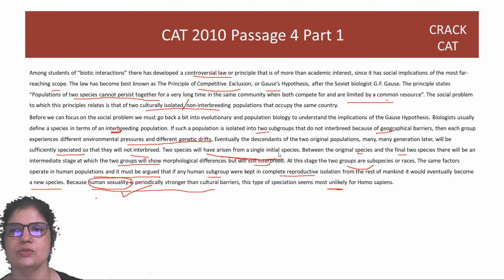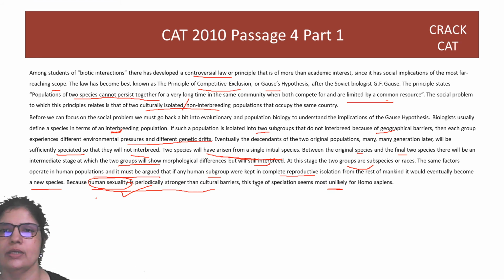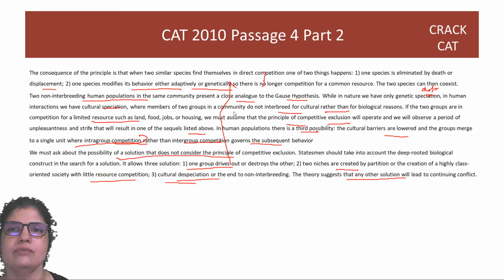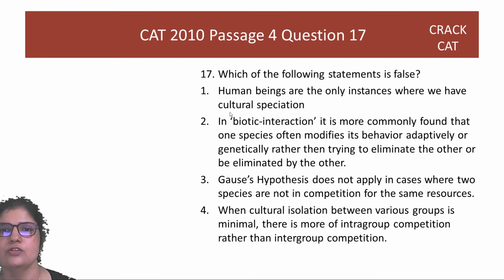Where is it eventually? Most unlikely, because okay, so I think it's here only. While in nature we have genetic, in humans it's very clearly given here. In humans we have cultural speciation, right? So human beings are the only, so this is true.